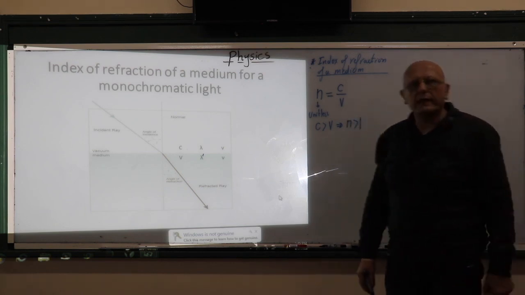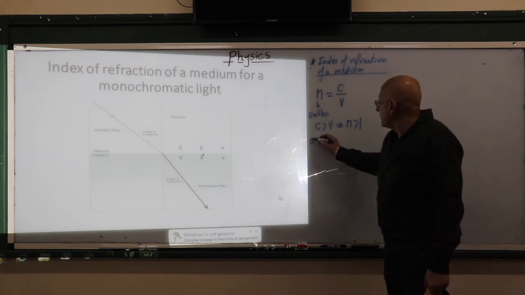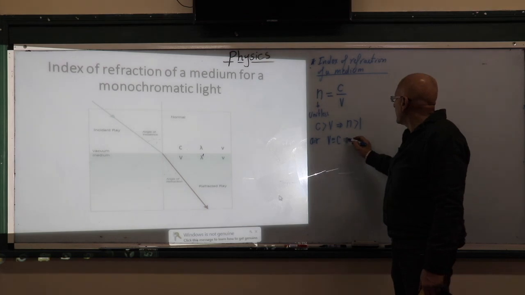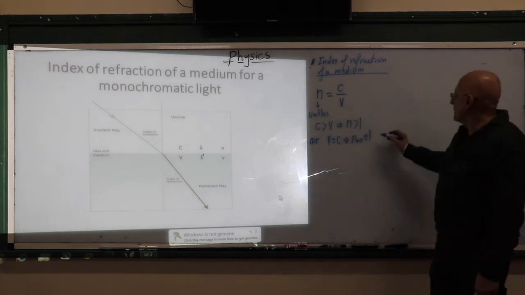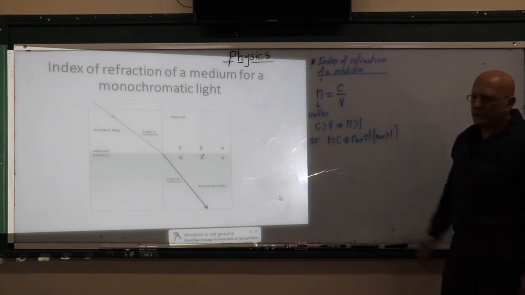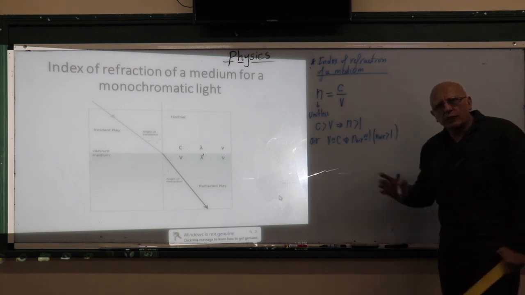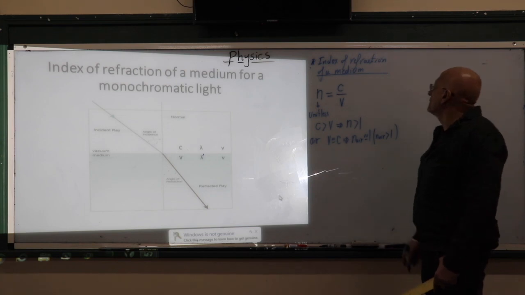So always the index of refraction is greater than 1. And for air, v is approximately c, so this implies n of air is approximately 1. But the n of air is greater than 1. This means the n of air cannot be 0.99, for example. In reality, the n of dry air is around 1.005, okay, which is greater than 1.